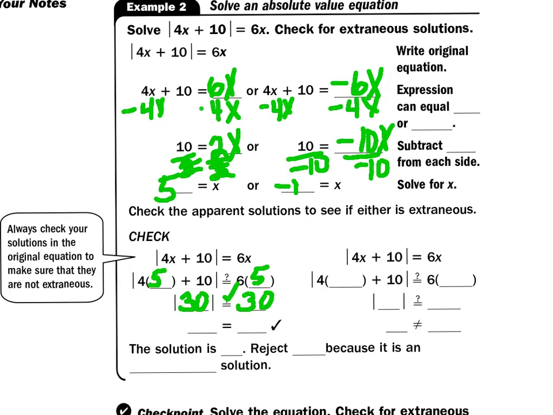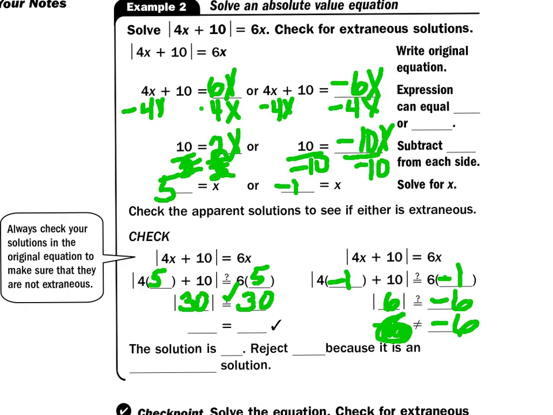Over here, I'm going to put my negative 1 in, and I would have negative 4 plus 10 is positive 6. Does the absolute value of positive 6 equal negative 6? No, this does not check. So positive 6 does not equal negative 6.